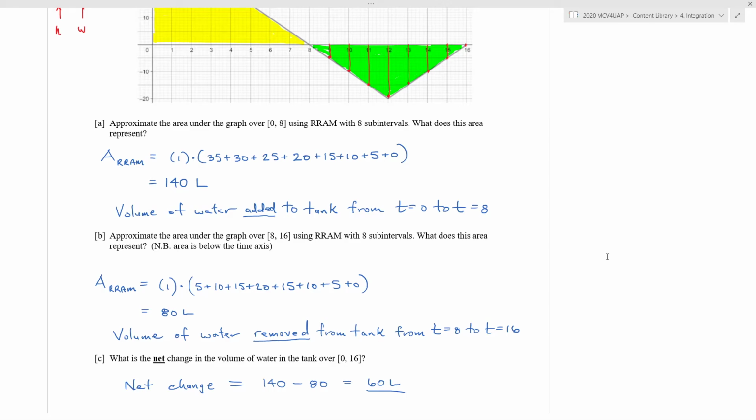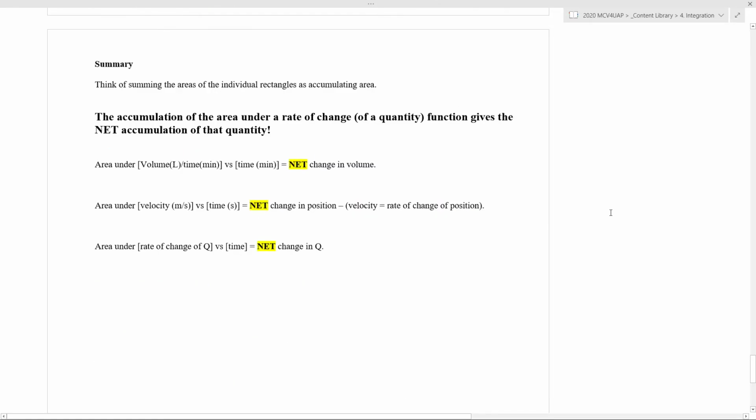Okay, then this is just to summarize. And again, what it's summarizing is that you can think of adding up rectangles or trapezoids as you move from left to right. As you add up those rectangles or trapezoids, you're accumulating area. Okay?